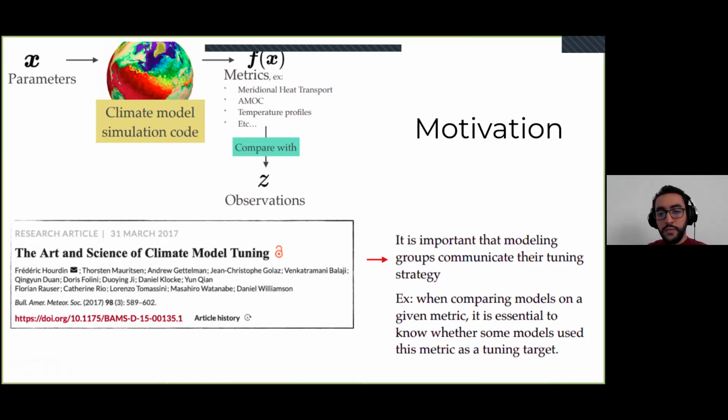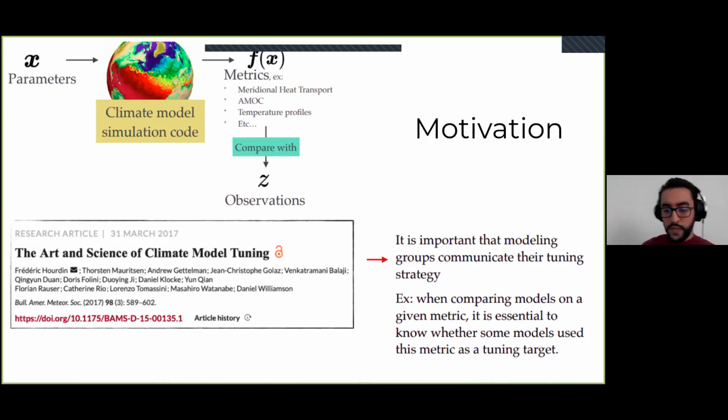And this is very useful, for example, when comparing different models on a specific metric, because you know that a model which was tuned specifically for this metric will probably be good for this metric.